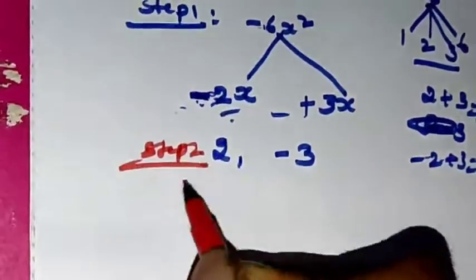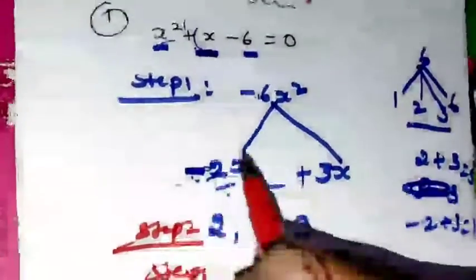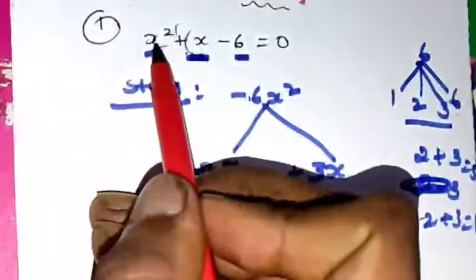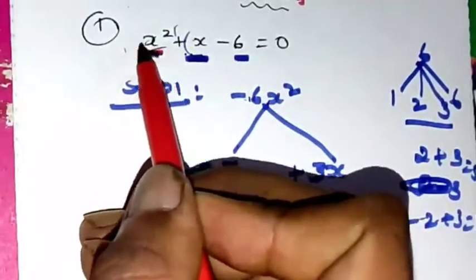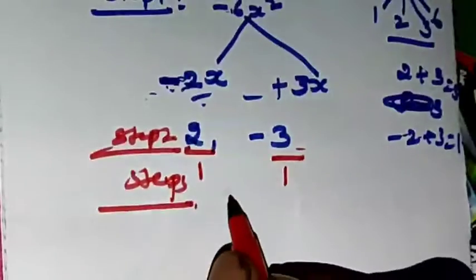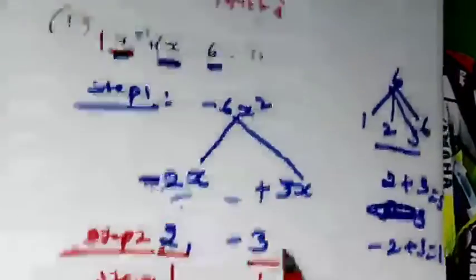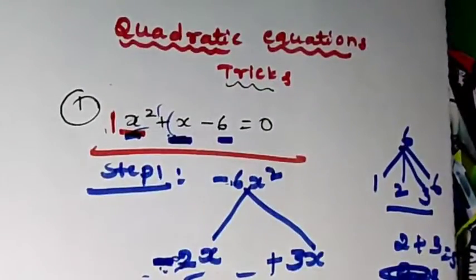Then the last step 3 is we have to divide these factors by the coefficient of x square. Here the coefficient of x square is 1 only, so we divide by 1. We get the factors 2 and minus 3. These are the factors of this quadratic equation.